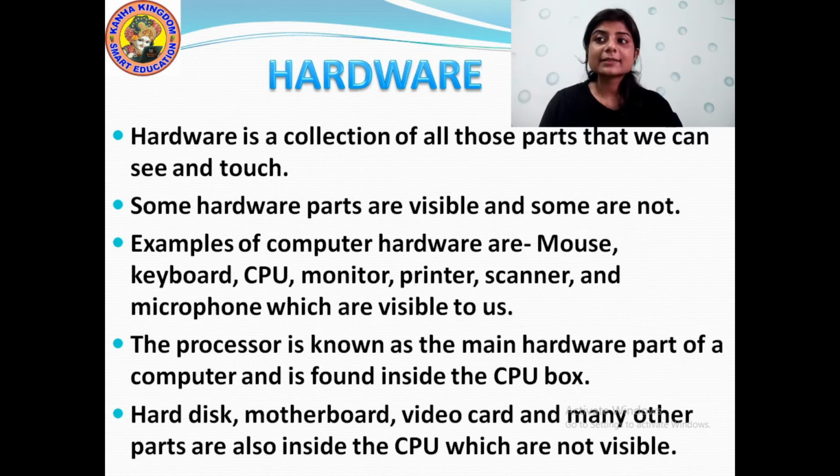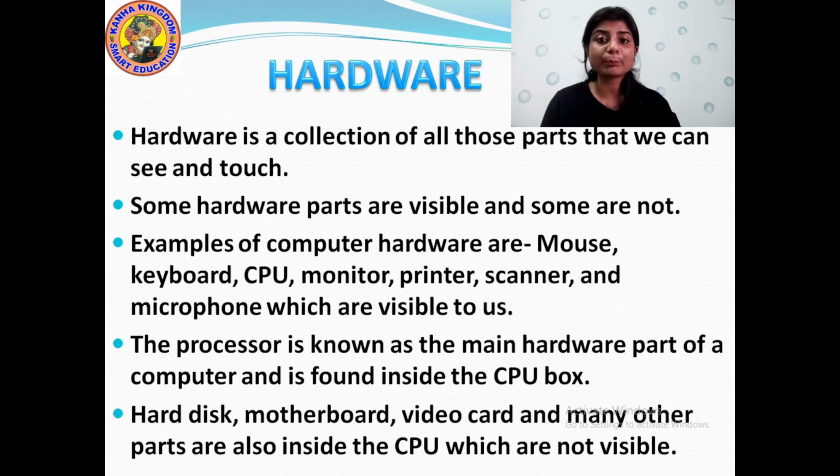Processor, it is a main hardware part of a computer system and this processor is situated inside the CPU. That is why CPU is called as the central processing unit, because the processor is inside the CPU, which is the main part of the computer.